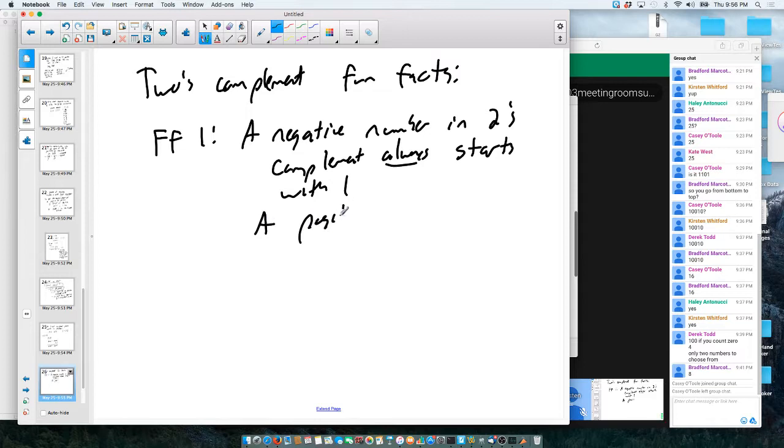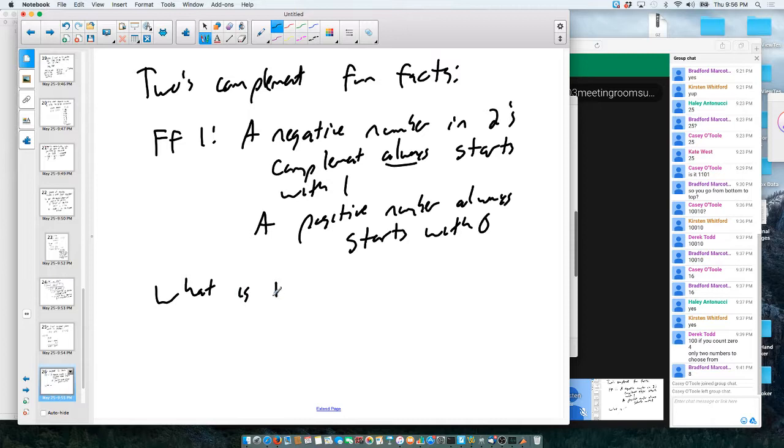A positive number always starts with 0. So what happens sometimes, people get confused, is I'll say, what is this interpreted as 2's complement?